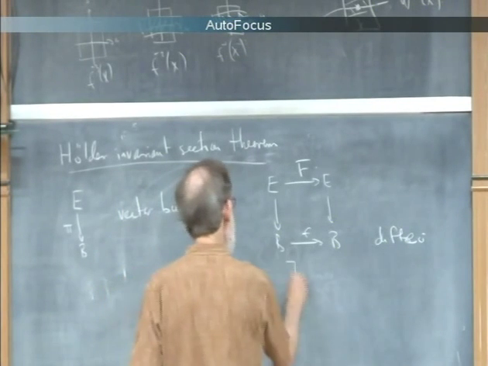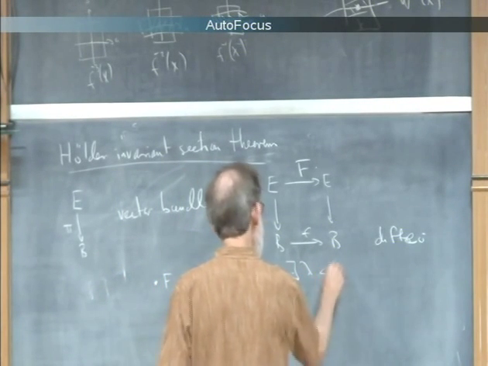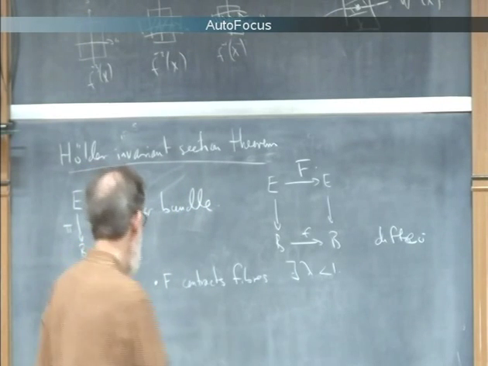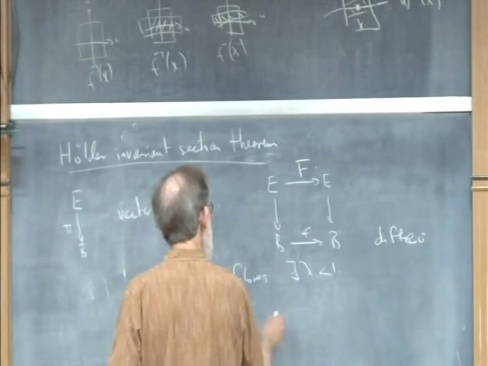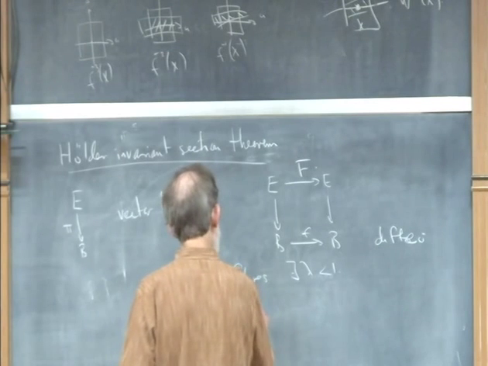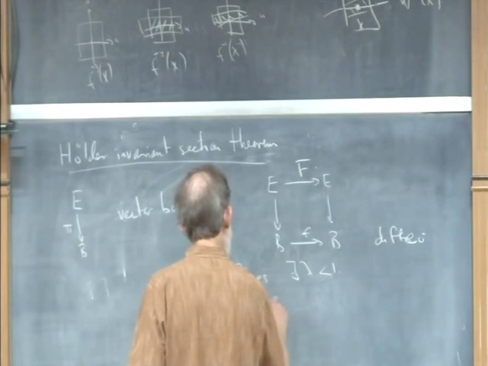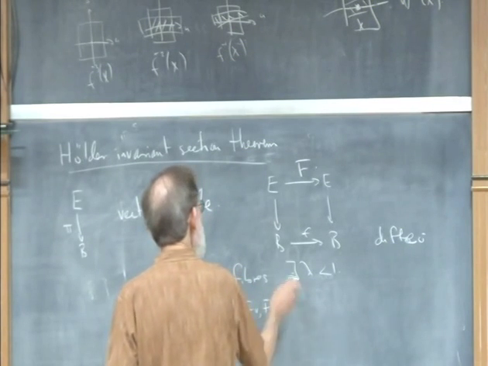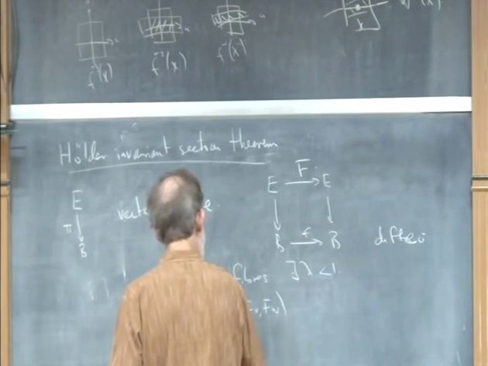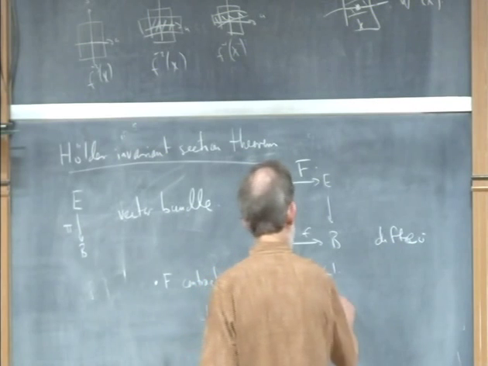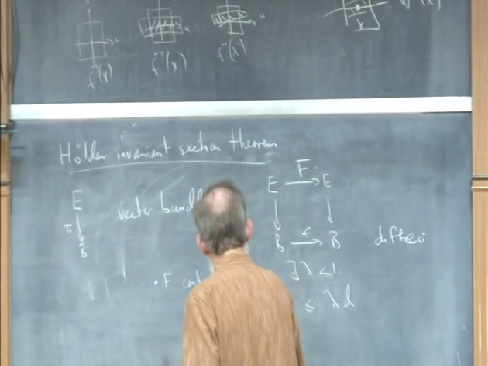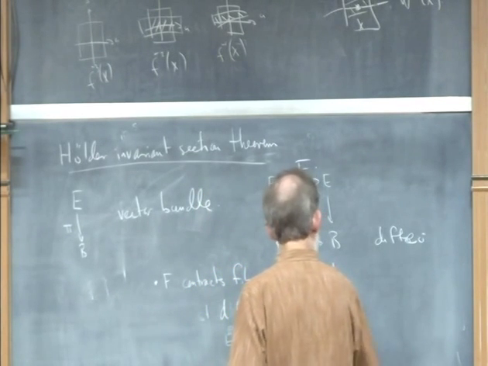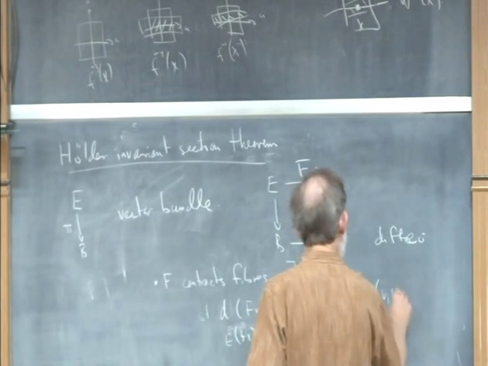So that means there's a lambda which is less than 1, such that the distance from F(v) to F(w), this will be the distance in E of F of x, is less than or equal to lambda times the distance in E of x from v to w.